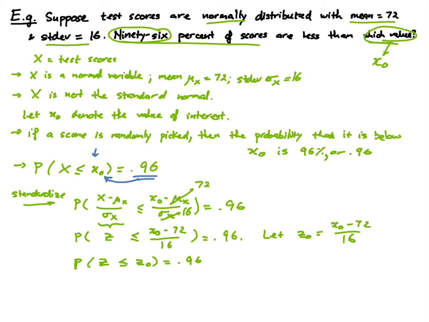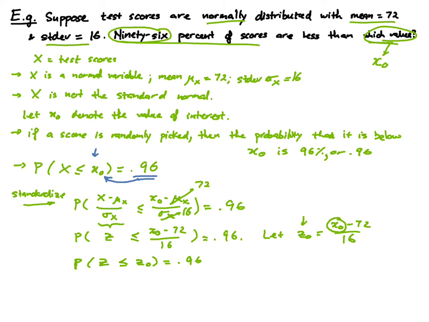As long as we can find a z sub 0 such that the probability that z is less than or equal to z sub 0 is 0.96, then we can replace z sub 0 by its numerical value and then find x sub 0, which is our value of interest. So let's see how we find z sub 0.